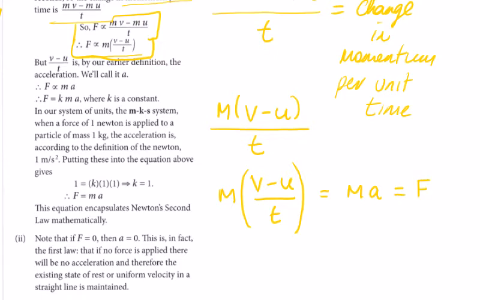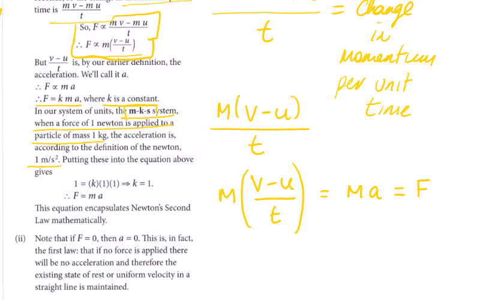And if we break it down a bit further, force is proportional to mass times acceleration. So it's proportional to k times ma, where k is a constant. And in our system of units, the MKS system, where a force of 1 Newton is applied to a particle of mass 1 kilogram, the acceleration is, according to the definition of the Newton, 1 meter per second squared.